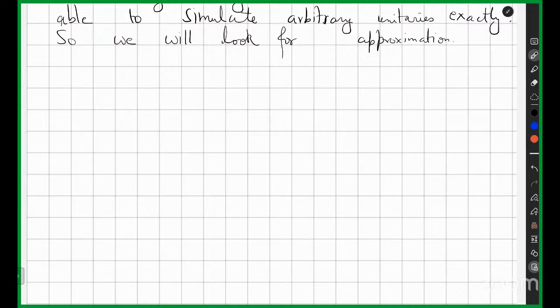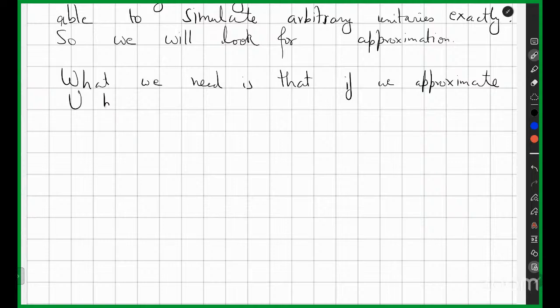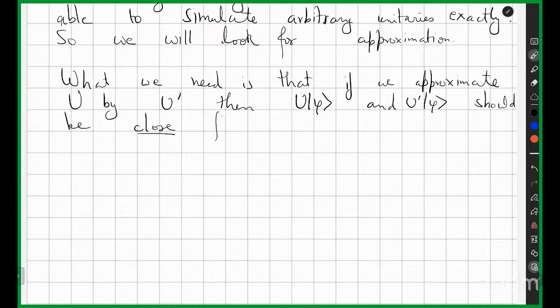So what we need is that if we approximate U by U prime, then U psi and U prime psi should be close for any psi.